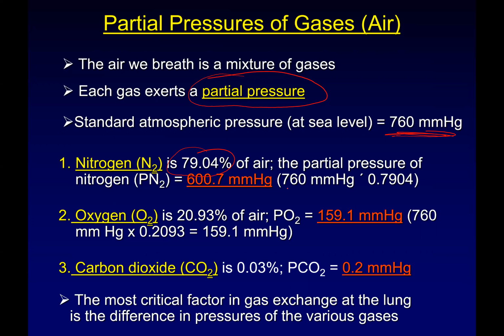So we take 760, we multiply it by the percentage of the air that is nitrogen, and that gives us this number of about 600 millimeters of mercury. So nitrogen has in atmospheric air a partial pressure of about 600 millimeters of mercury. Oxygen is not quite 21%, so it's going to have a partial pressure of about 159. Carbon dioxide, there's almost no CO2 in the air, so it has this very, very small partial pressure that's going to be there.